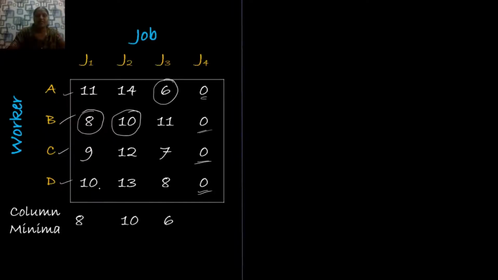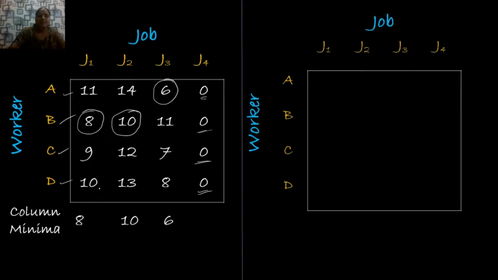Let me start with the first column. We have to subtract 8 from its elements. So now 11 minus 8, 3, 8 minus 8, 0, 9 minus 8, 1, 10 minus 8, 2.